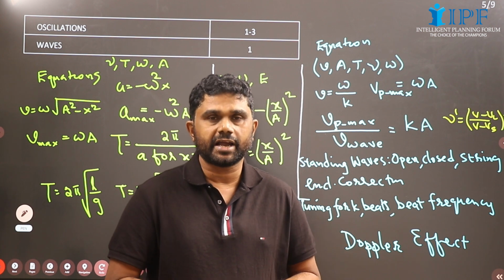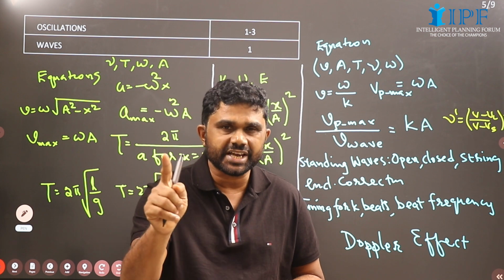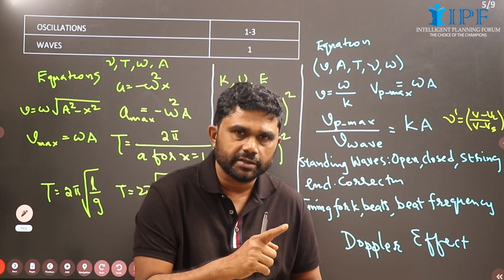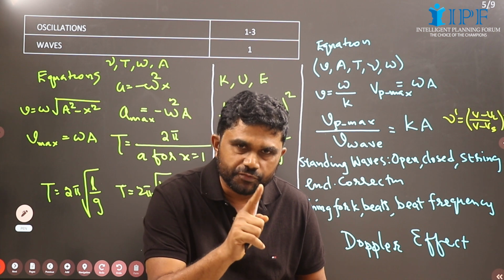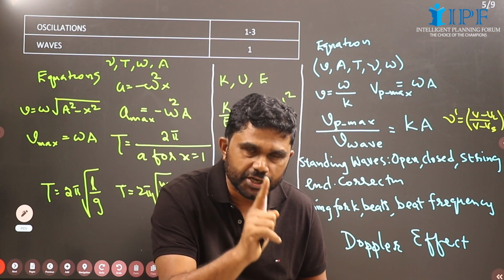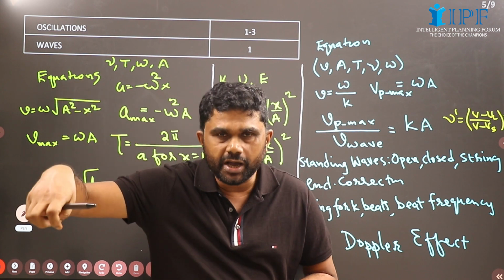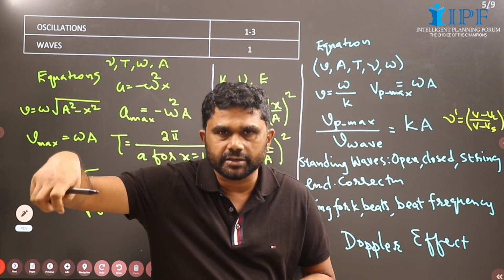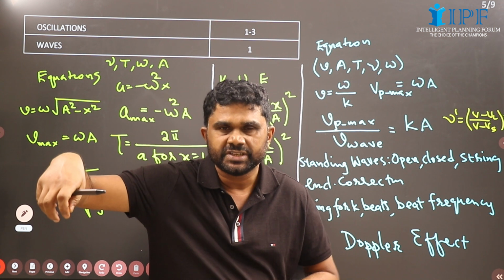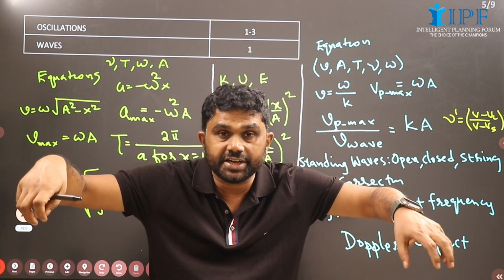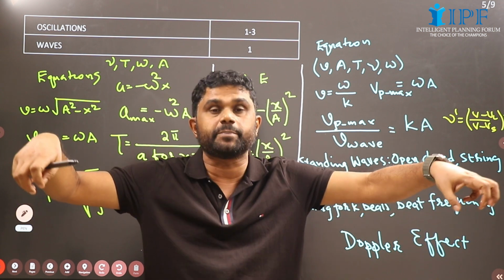In the example I just told you, 3 sin omega t plus 4 cos omega t: for the first simple harmonic motion it is only sin omega t, so omega t is the phase. For the second, it is 4 sin(omega t plus pi by 2).